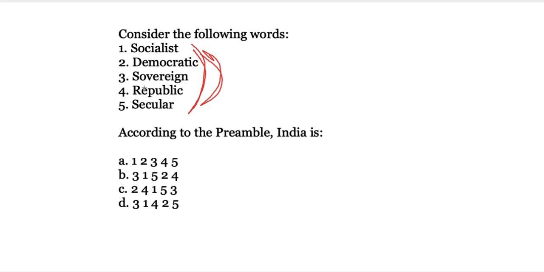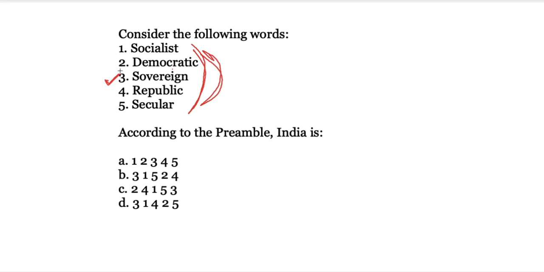Even if you don't remember, what should come first? Socialist, democratic, republic, secular actually come later, but sovereign is the most important characteristic of a nation, whether it is a free nation or not.